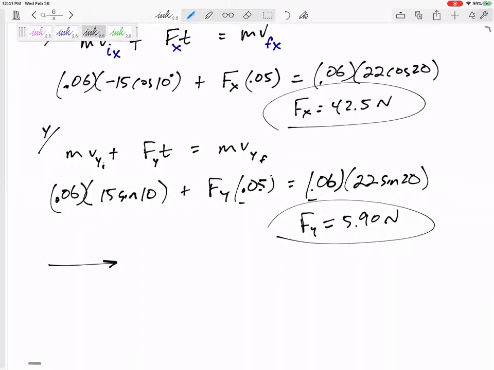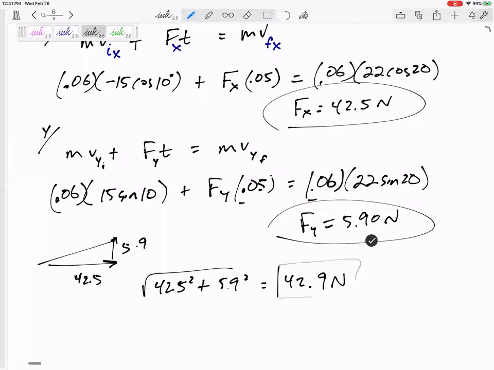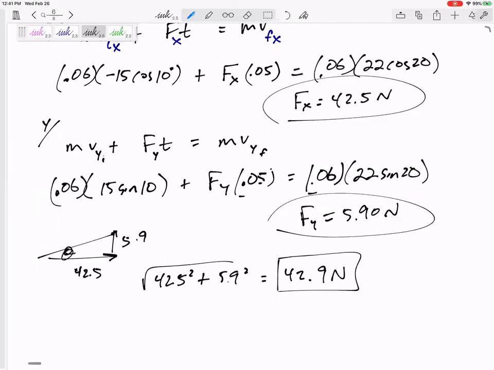If it's 42.5 and 5.9, the magnitude would be the square root of a squared plus b squared, 42.5 squared plus 5.9 squared. 42.9 is the magnitude, and the direction theta, tangent theta would be 5.9 over 42.5. I've got a theta of 7.9 degrees.